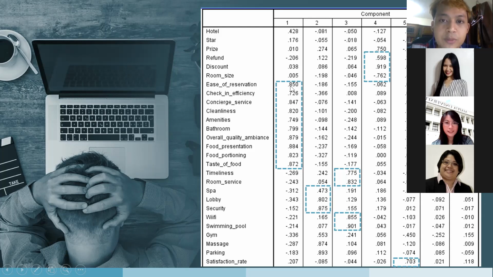Look at this one. The highest number is in column number 1, so everything in here belongs to 1. We can merge all of this into 1.